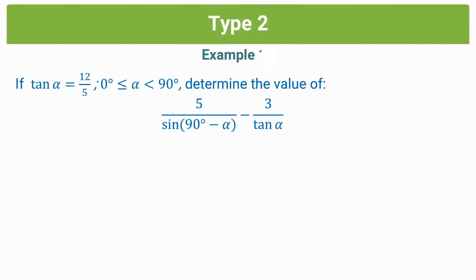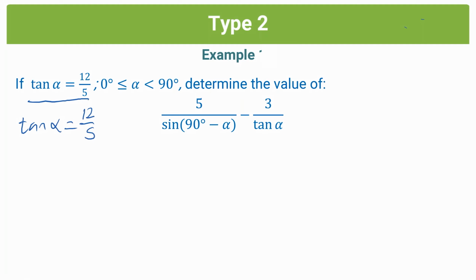So for our next question, we are asked to determine the value of 5 over sine of 90 minus alpha, minus 3 tan alpha, if tan alpha equals 12 over 5 and alpha is between 0 and 90 degrees. So we are already in the form of trig function equals number. Tan alpha equals 12 over 5.